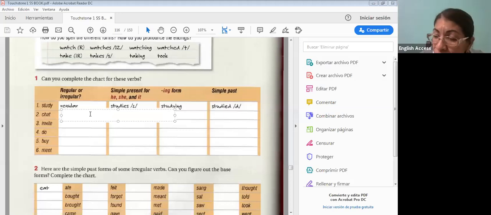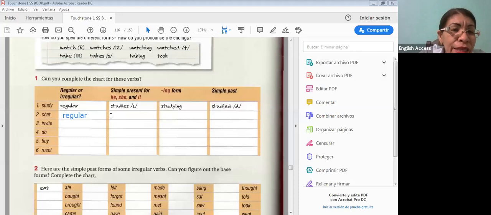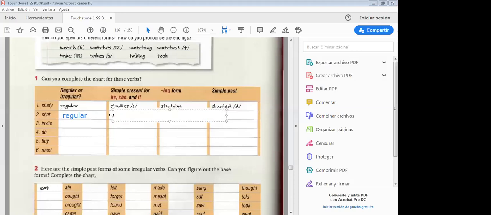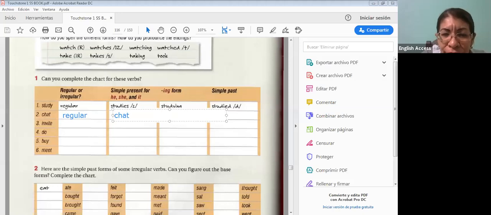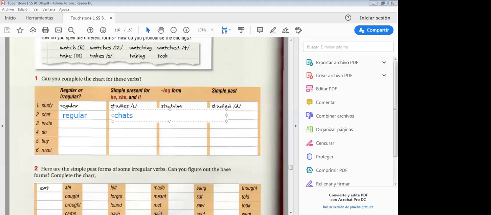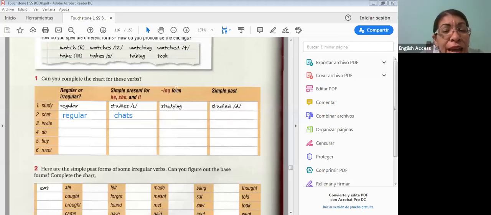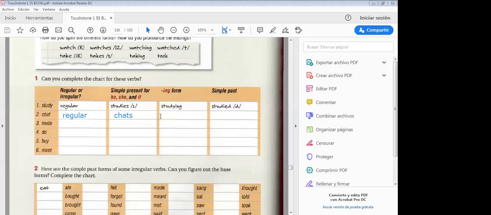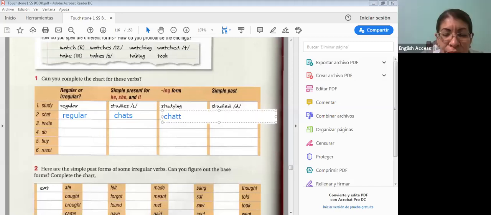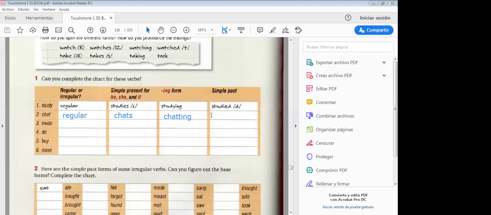Simple present, chat. Chats. And ing? Chatting. Yes, double T, remember. Simple past? Chatted. Excellent.